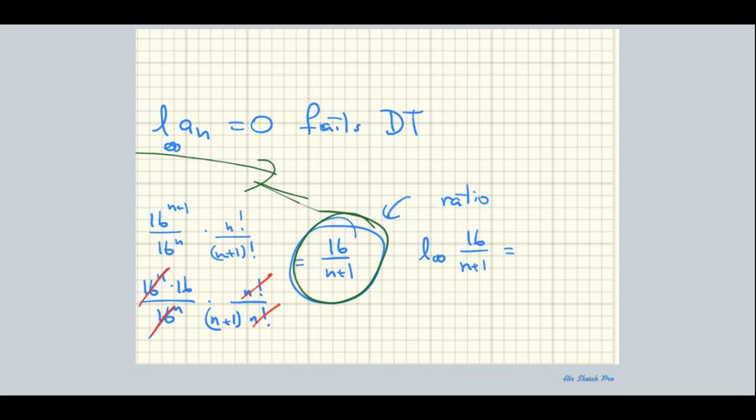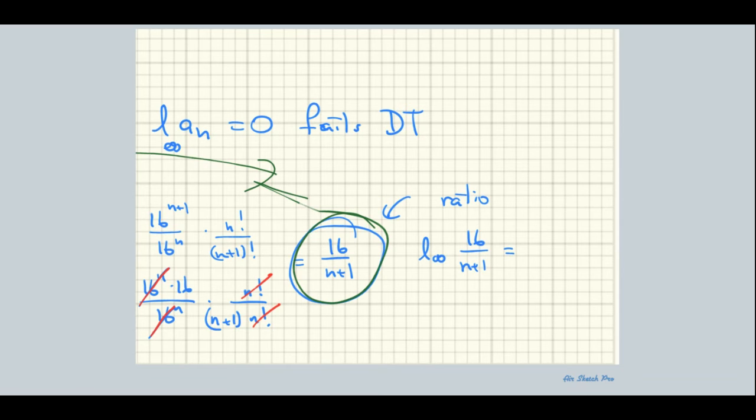Somebody should be able to answer this one. Say n was equal to 0. What would the ratio be? If n was 0, what's the ratio?